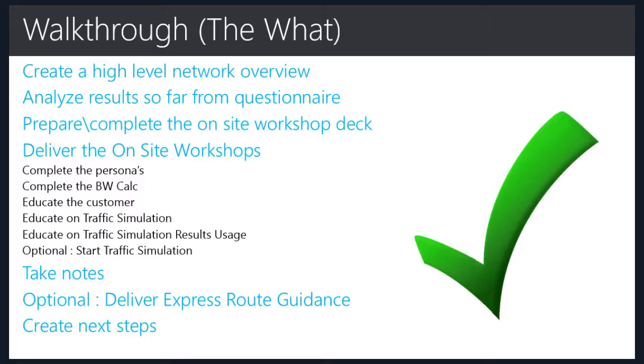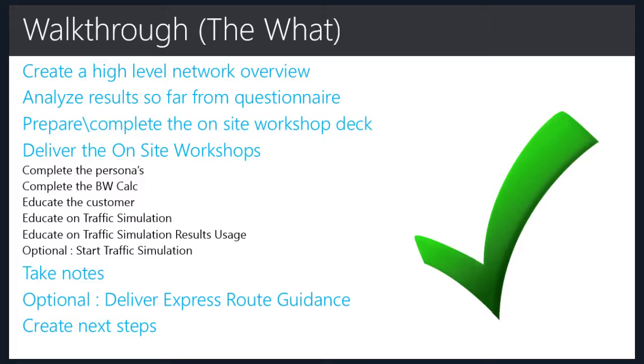It's things like that that you want to highlight based on that questionnaire. We also want to prepare and complete the on-site workshop deck. As you can see, the deck really is a template, and you should edit it as applicable. At that point, you should deliver the on-site workshops.